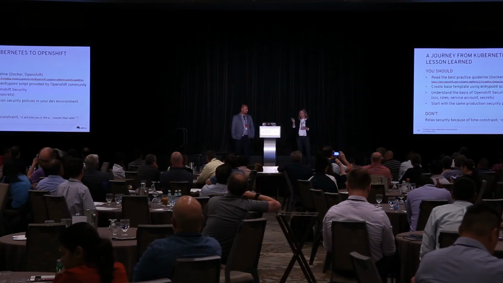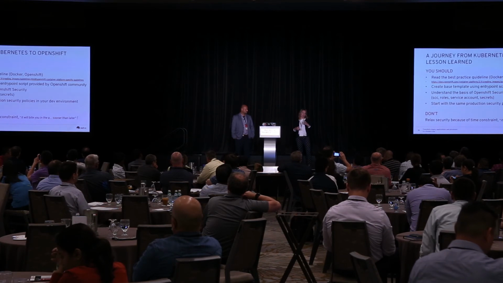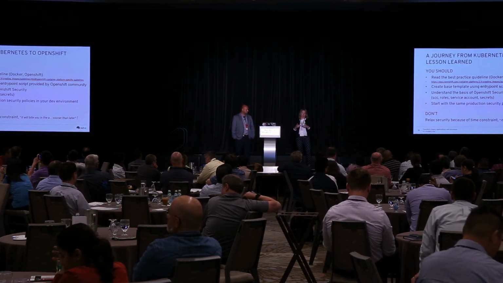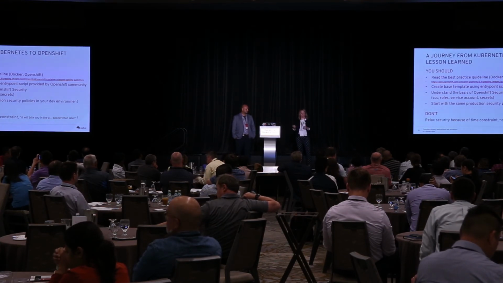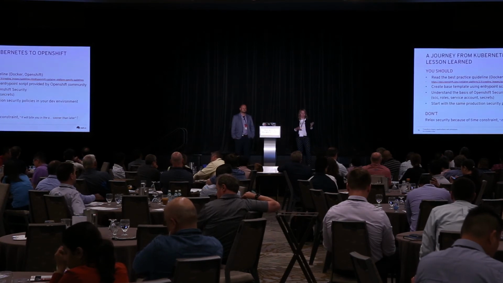A lot of Docker Hub images run Alpine or many other flavors, but after that, you'll realize that you need to convert them to a more secure OS to run in production. So start with a base image with the right packages, updated, and from RHEL, and really understand the basics of security in OpenShift or Kubernetes.